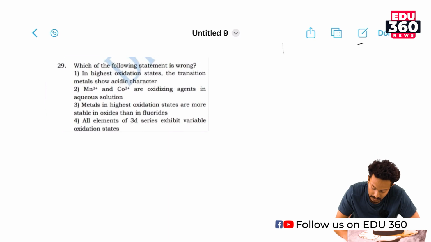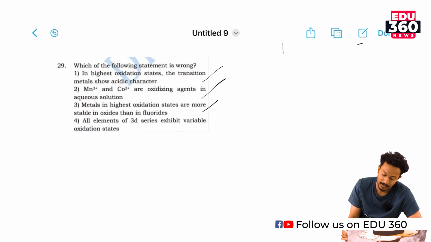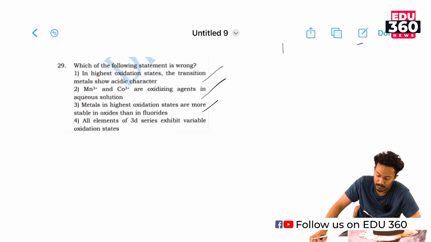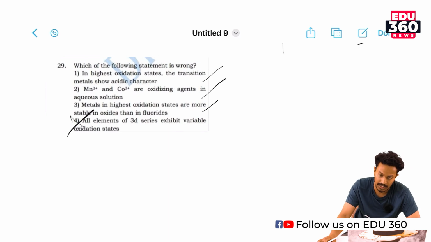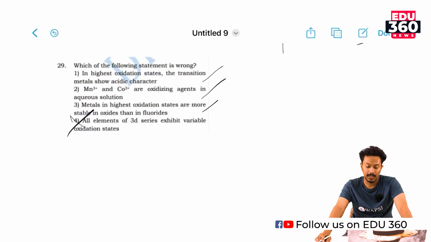According to this, the first three are correct actually. Mn3+ and Co3+ are oxidizing agents because of their electron configuration, and all the elements of the 3d series exhibit variable oxidation state. That statement is false according to the d-block elements here. So the correct option would be option number 4.